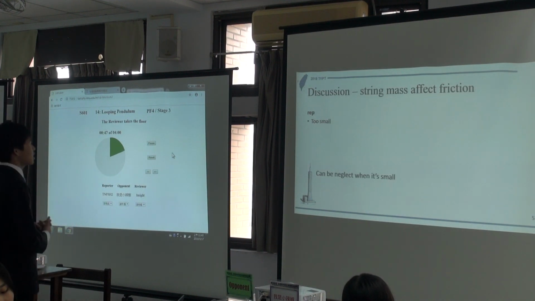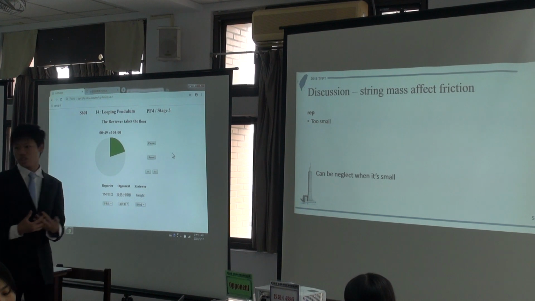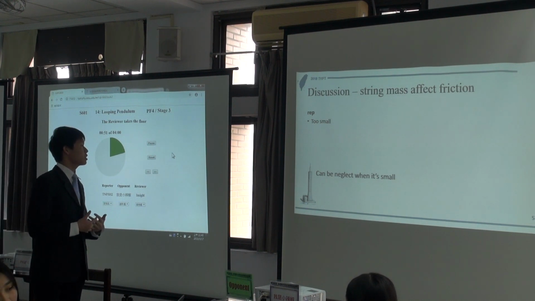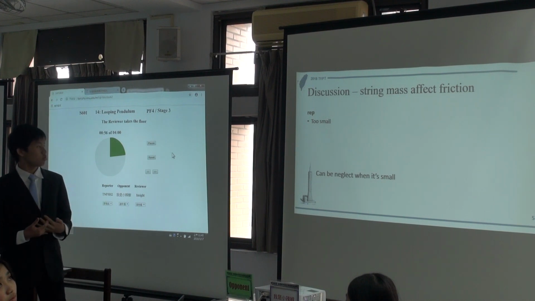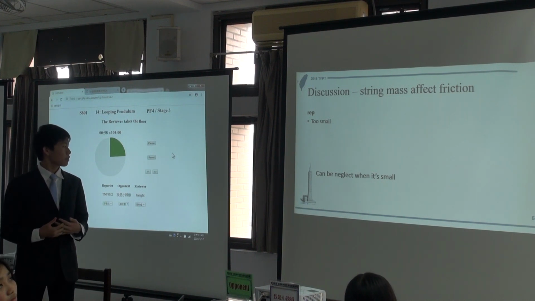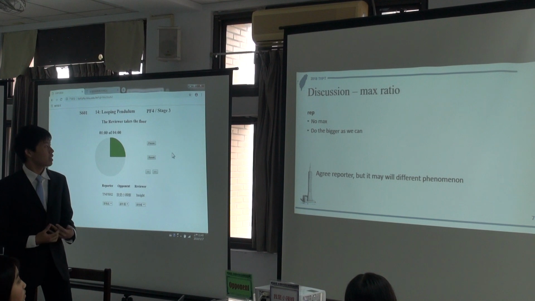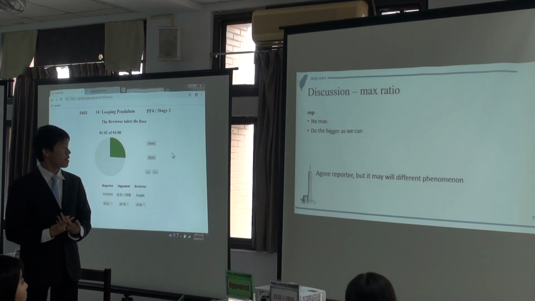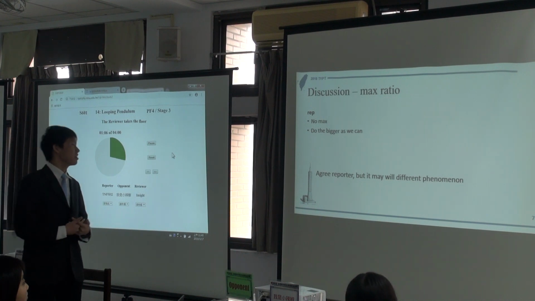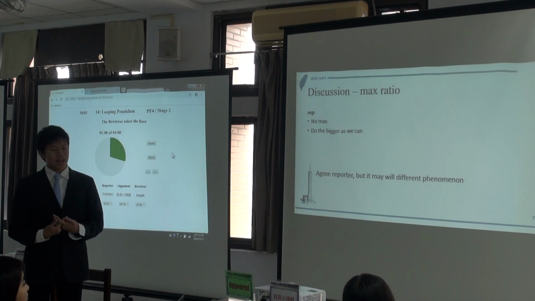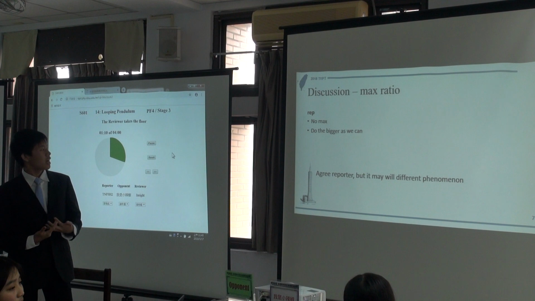Okay, they discussed whether string mass will affect the friction, and the reporter answered it is too small, so it can be neglected, and we agreed with the reporter. They asked about the max mass ratio. The reporter answered there is no max, so go as big as we can.